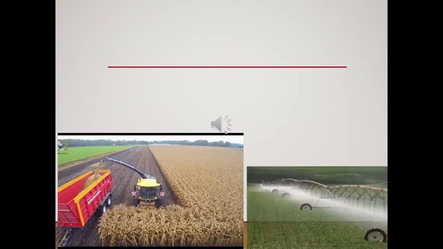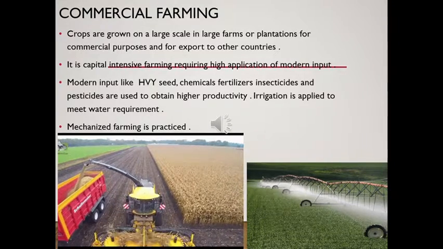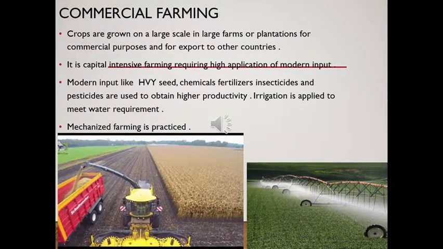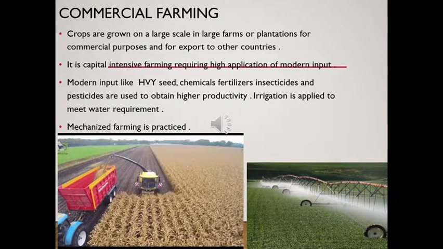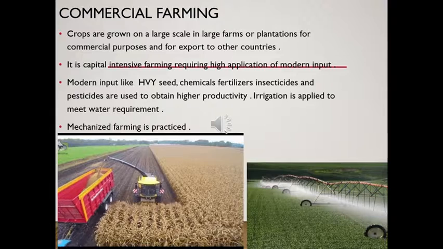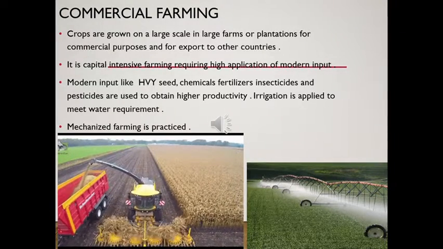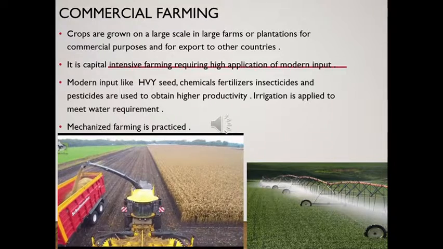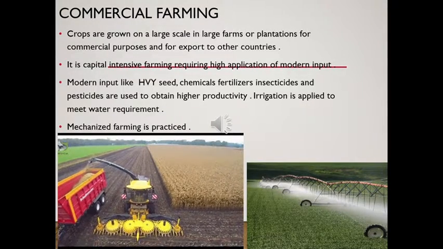Commercial farming. In commercial farming, crops are grown and animals are reared for sale in market. Crops are grown on a large scale in large farms or plantations for commercial purpose and for export to other countries.